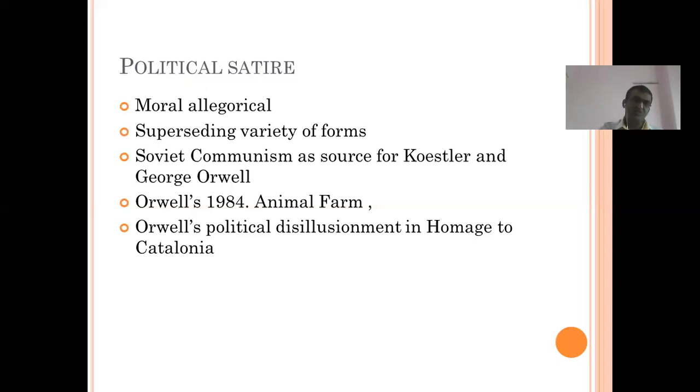Then modernism stands for the loss of human values, the confronting nations, the competition, the race for dominance.